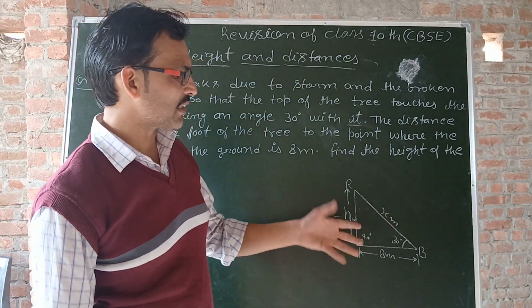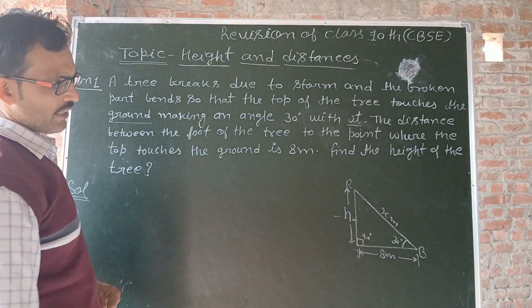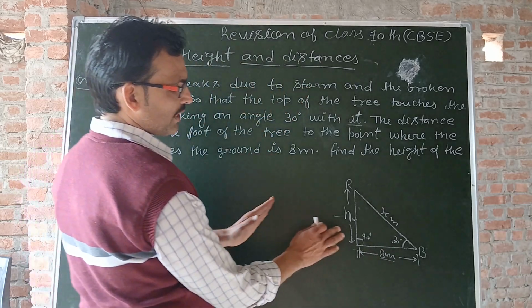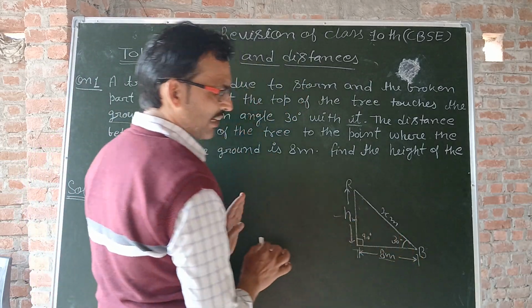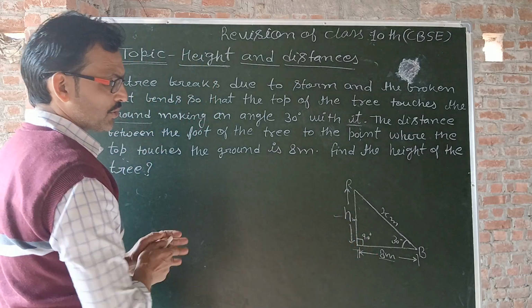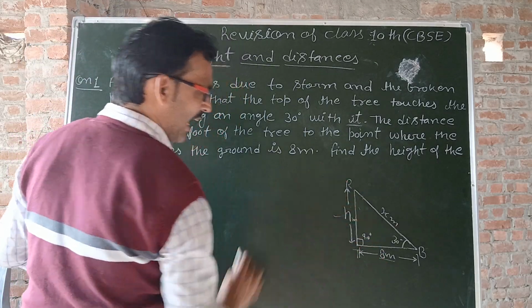Here we use sin theta, cos theta or tan theta, whatever applies. So here we know this 8 meter, this is the base. If you see, this is a right angle triangle. So we can apply here trigonometric ratios. So this is base and this is height.